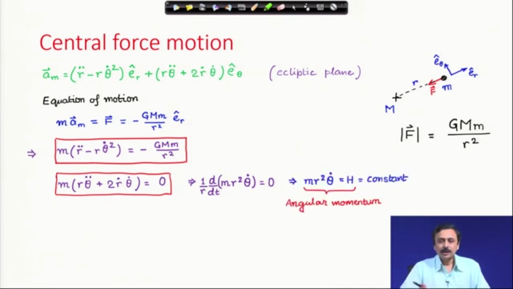Now, what this tells us is that r, this small r, is not equal to infinity; we will consider that it is at a finite distance. Therefore, it must be true that d dt of the bracketed quantity is 0. In other words, the bracketed quantity must be a constant. And what is this constant? This constant is angular momentum. How is this angular momentum?